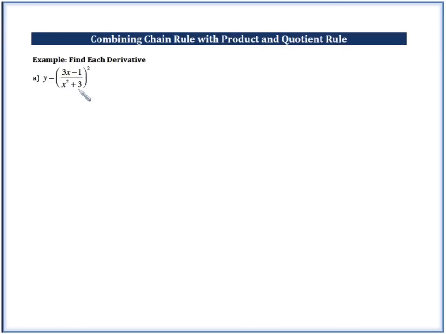First off, we have all of this inside stuff squared, so we see it as a composite function, and we follow the same procedure where we find our inside function, and we find our outside function, and then we find the derivatives of both of them. For u prime, we're going to have to use the quotient rule here.